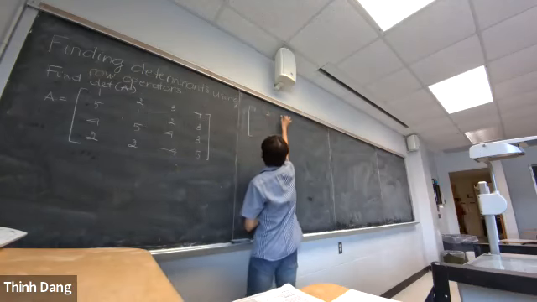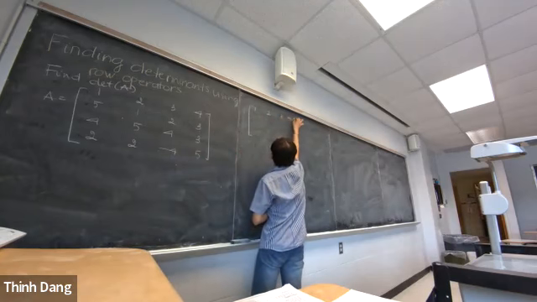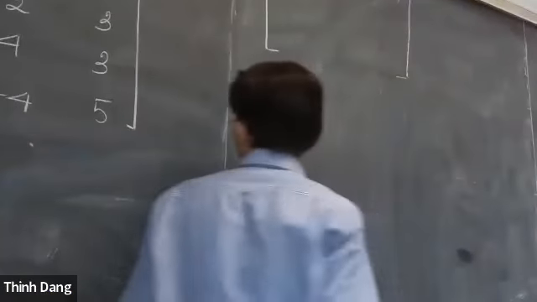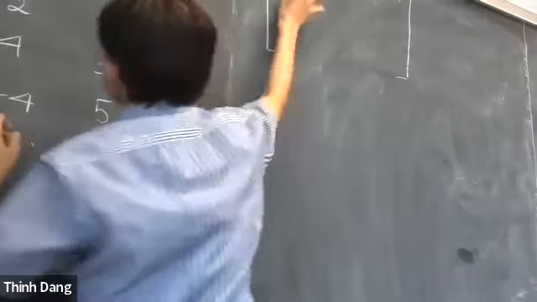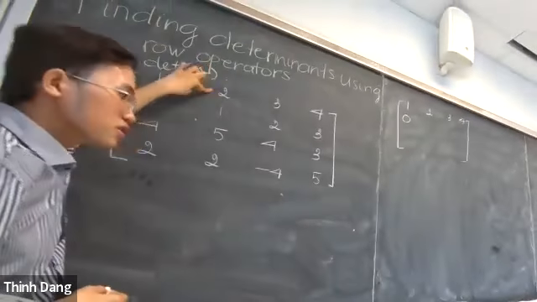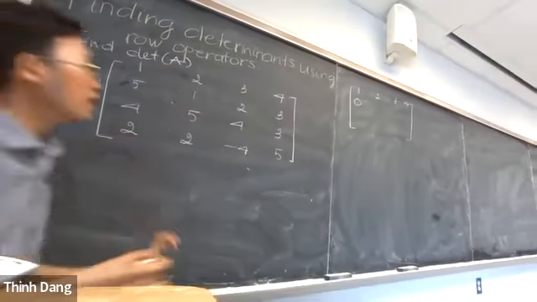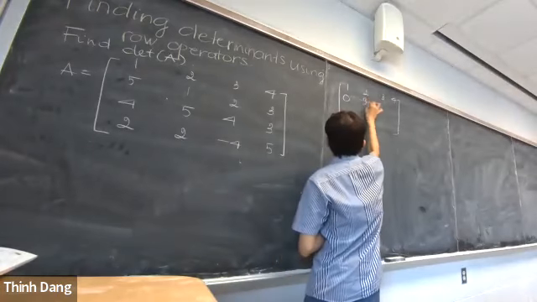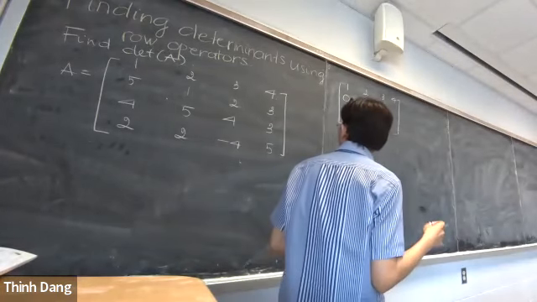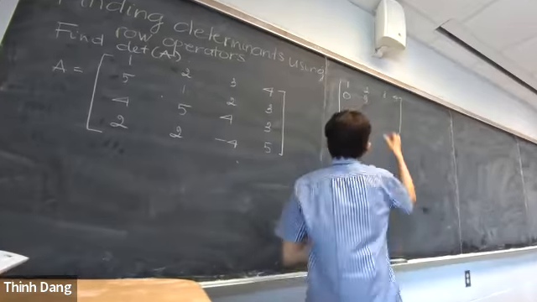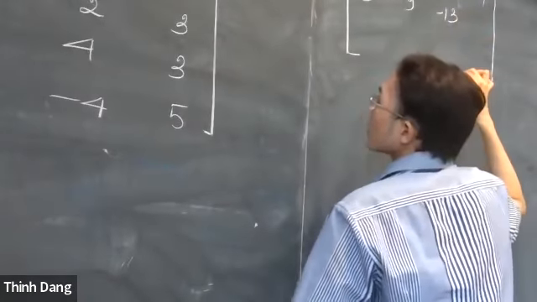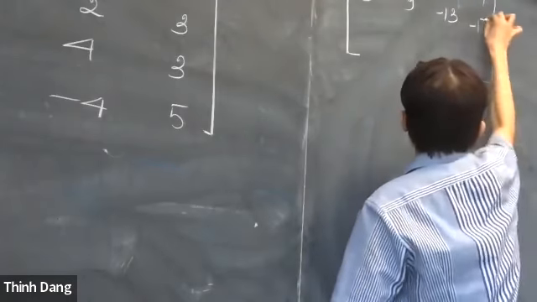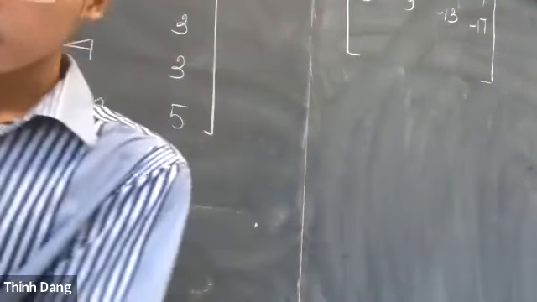1, 2, 3, 4. So 1 multiplied by -5, added to 5, you should have 0. 2 multiplied by -5 is -10, and you add 1, you should have -9. 3 multiplied by -5 is -15, and you add 2, you should have -13, and so on. So this is your new second row.